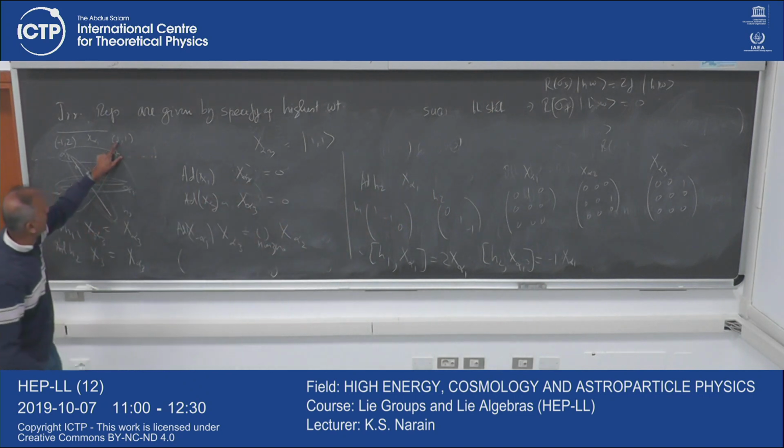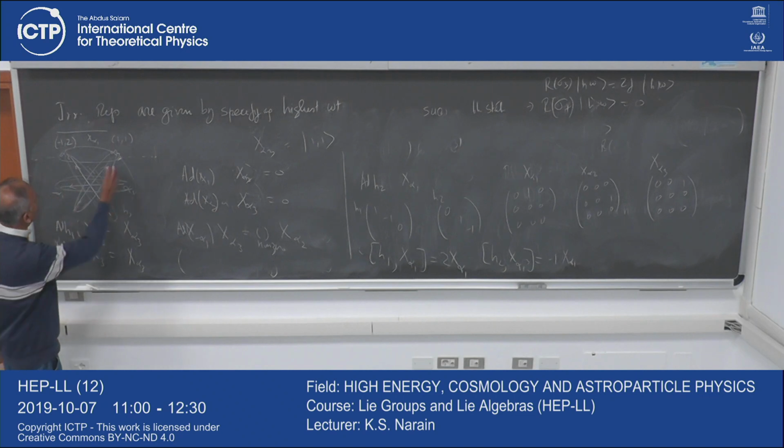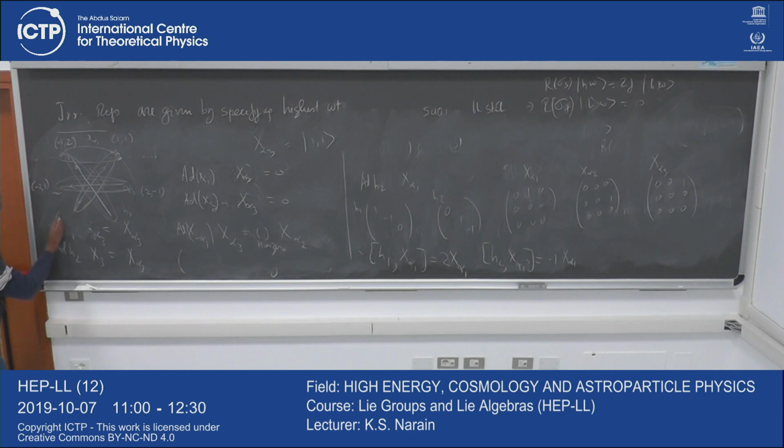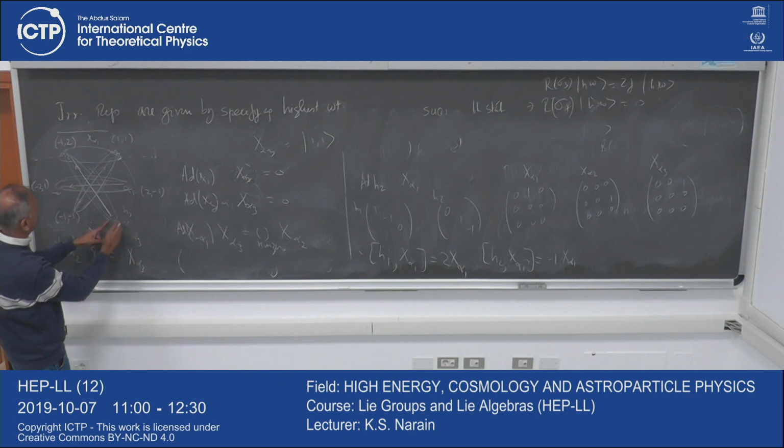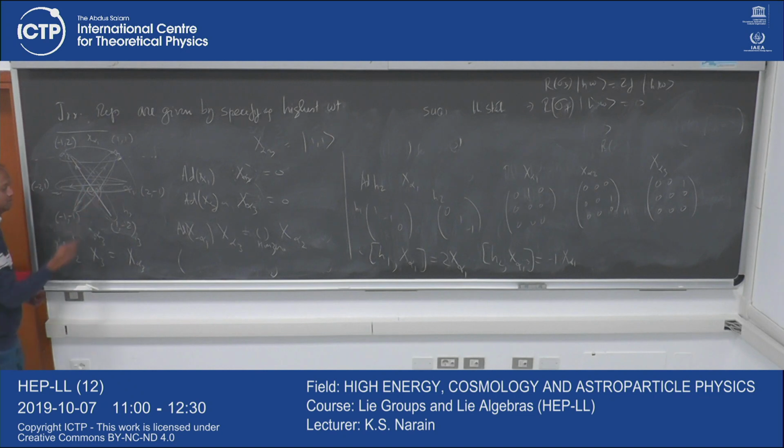So this will become 1 minus 2, which is minus 1, but that will become 1 plus 1, which is 2, right? So this way you can probably chart out. Here what I will get is 2 comma minus 1. Here it will be minus 2 comma 1. So one can just specify the eigenvalues, minus 1, minus 1, and finally here would be 1, minus 2, and then here is 0, 0, the center.